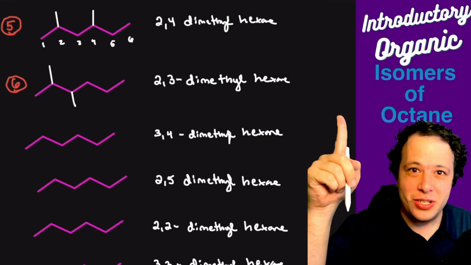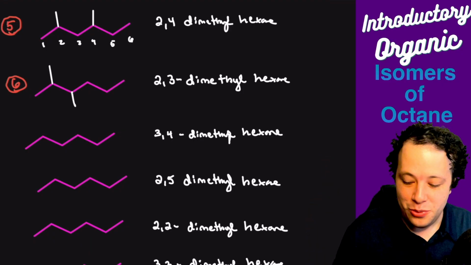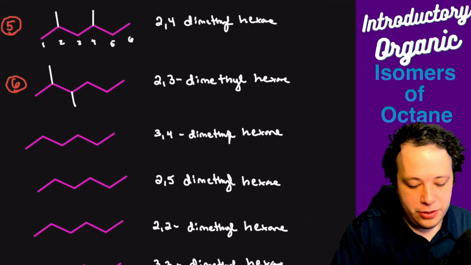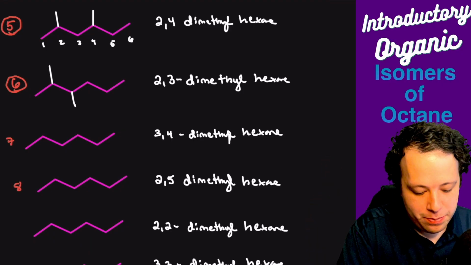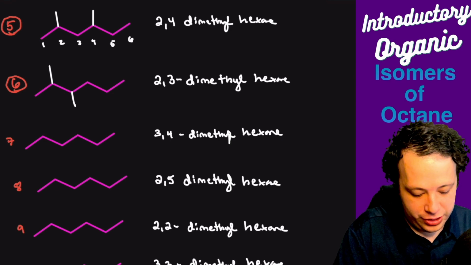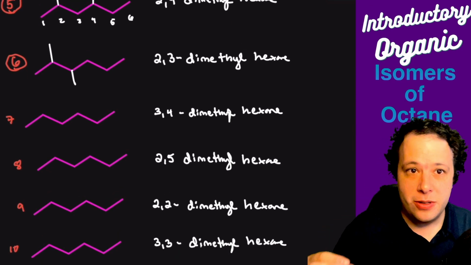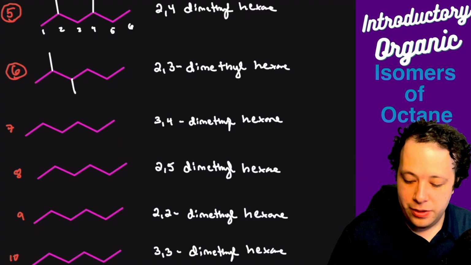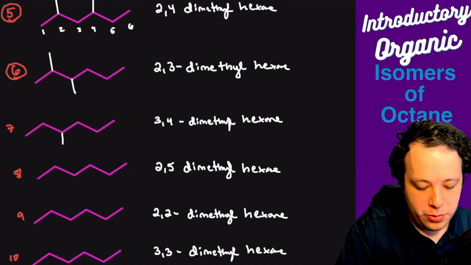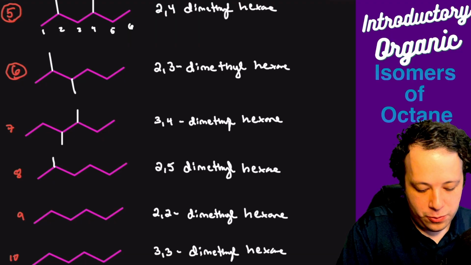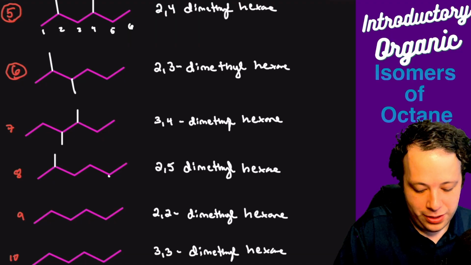We had the first 2, which were 2,4 and 2,3. From there, you essentially come up with every possible number combination you can think of. So I can get up to 10 of the isomers this way. My next one would be 3,4. So we'll put a branch on the 3rd carbon and the 4th. Then we have another one where we have it on 2 and 5.